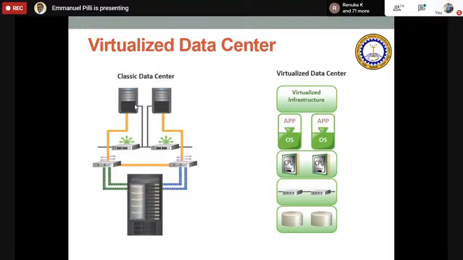Like that, we have 16 servers in NIT Jaipur. So there are about 1920 cores. From these 1920 cores, how many virtual machines can be created? Can any one of you guess? How many virtual machines can be created when you have 1920 cores? It depends on the configuration of the VM, no?